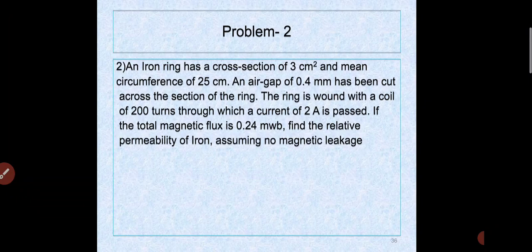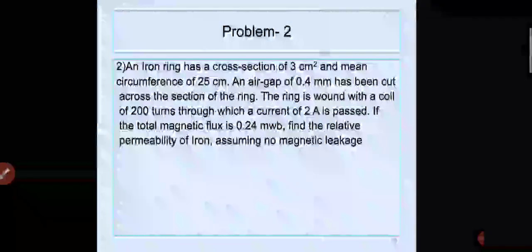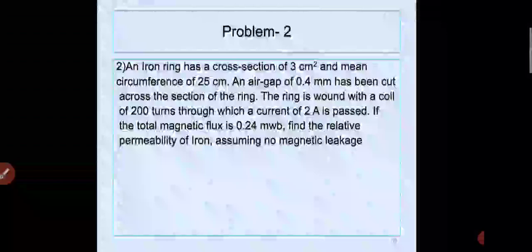The ring is wound with a coil of 200 turns through which a current of 2 amperes is passed. If the total magnetic flux is 0.24 milliwebers, find the relative permeability of iron, assuming no magnetic leakage.